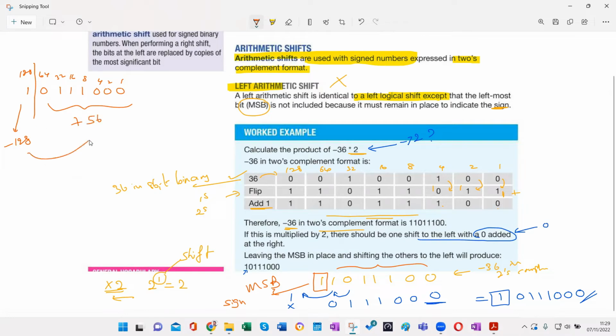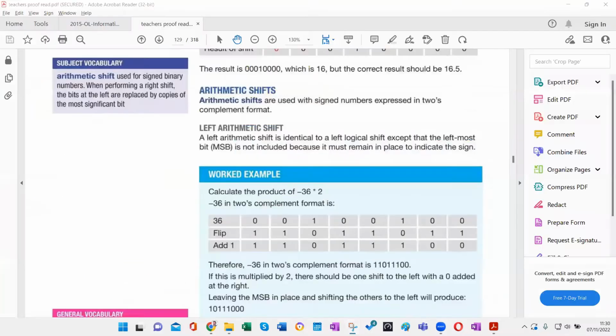Now add them up. Minus 128 plus 56 gives minus 72. So the answer is correct. Simple. Got it? Understood? Okay.